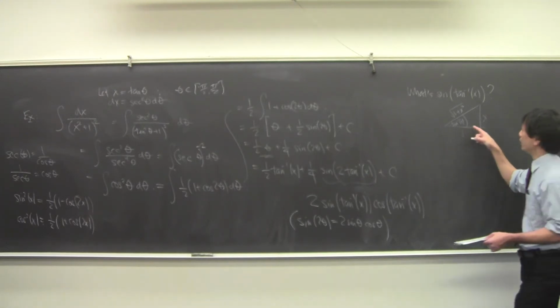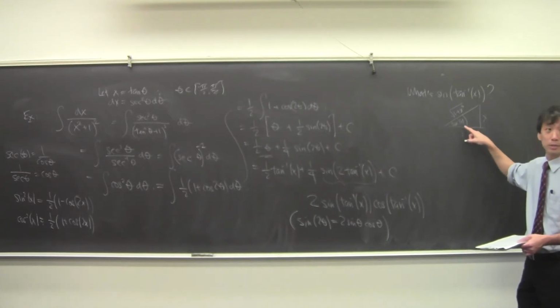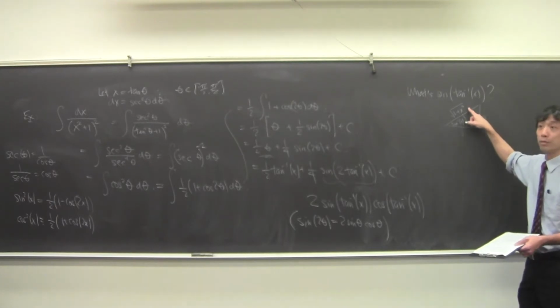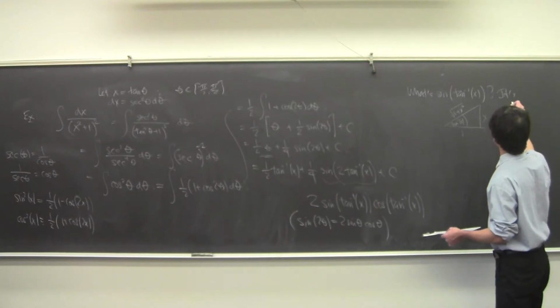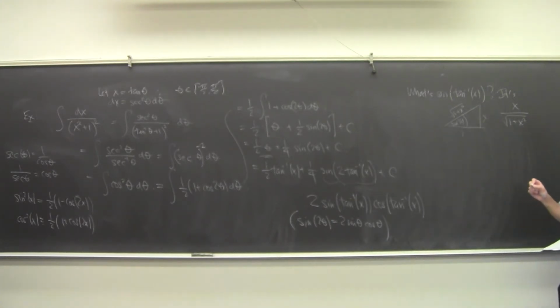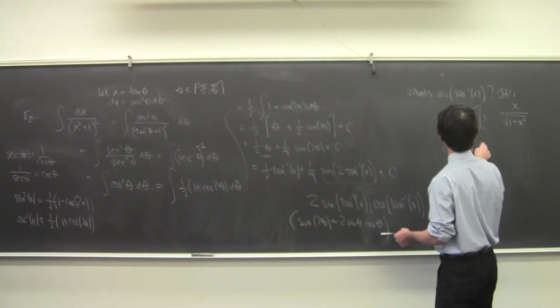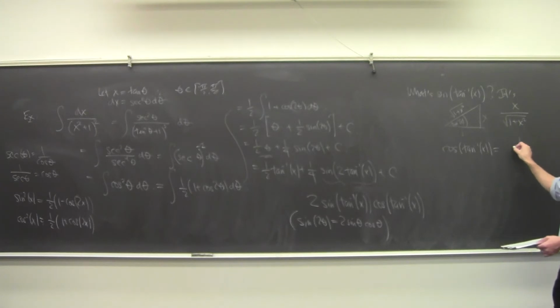And so what's the sine of arctan x? Well, the sine is going to be x over this hypotenuse. What about the cosine? The cosine is going to be the adjacent over the hypotenuse.